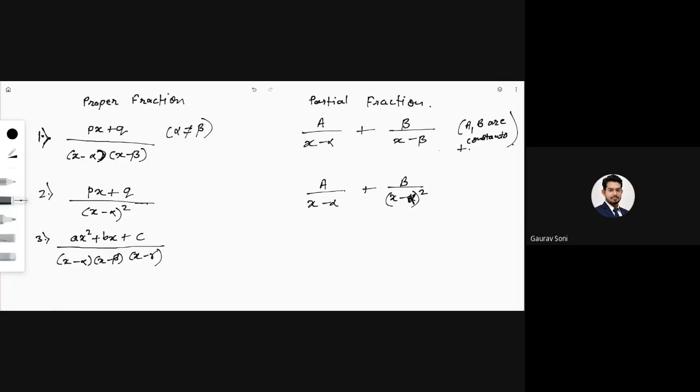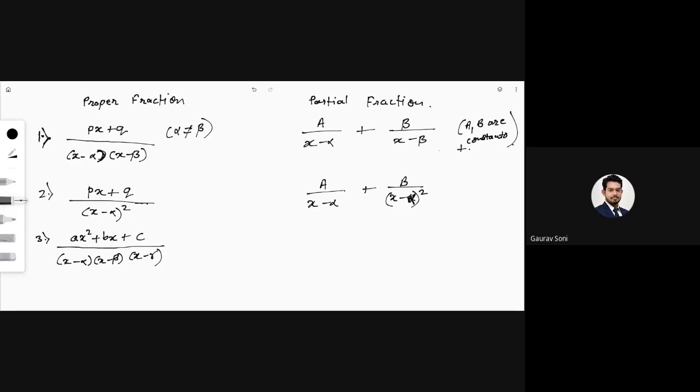Now degree of numerator, 3. Degree of denominator, 3. Manthan?